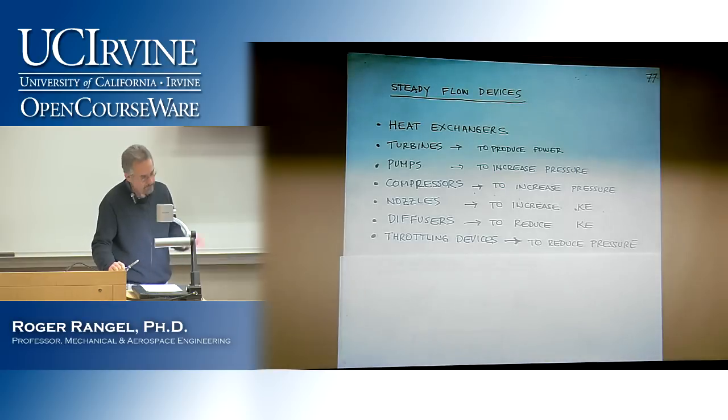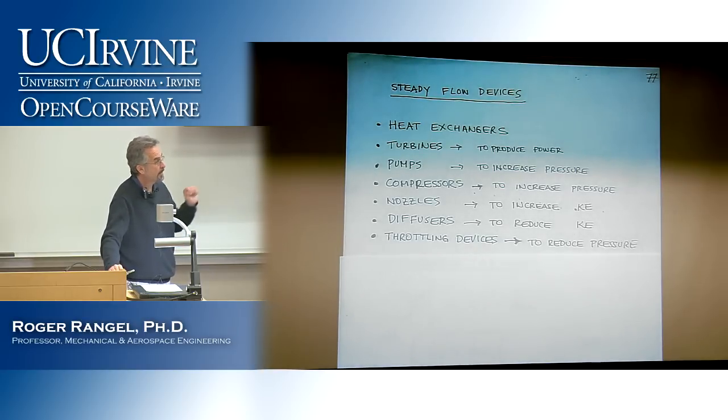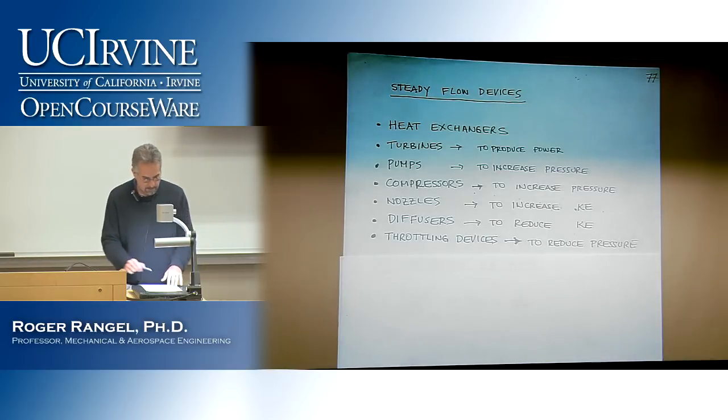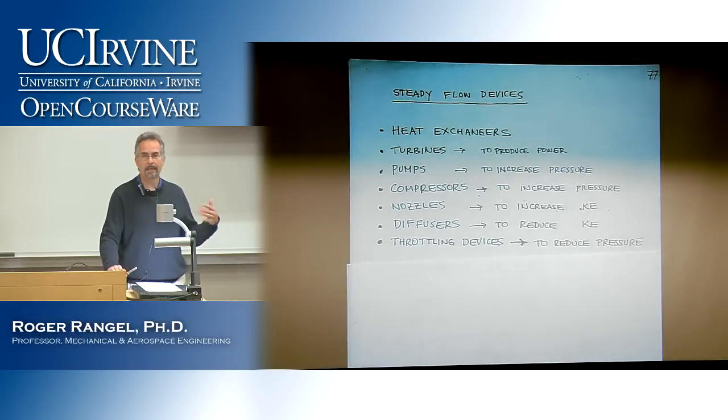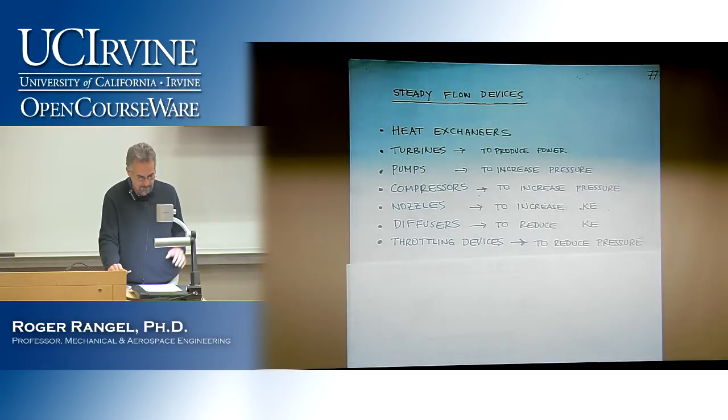A nozzle is designed to increase the kinetic energy of a flow. This is a case where we should not neglect the kinetic energy that we neglect in many other problems, because the idea of a nozzle is to increase kinetic energy, increase the velocity of the fluid. The diffuser will do the opposite, reduce kinetic energy, slow down the flow.